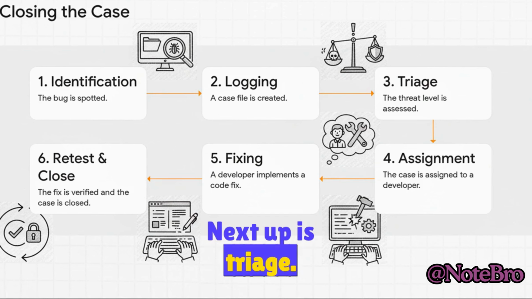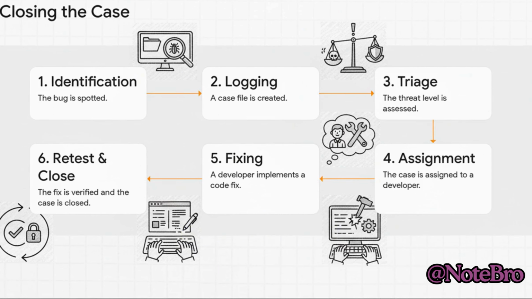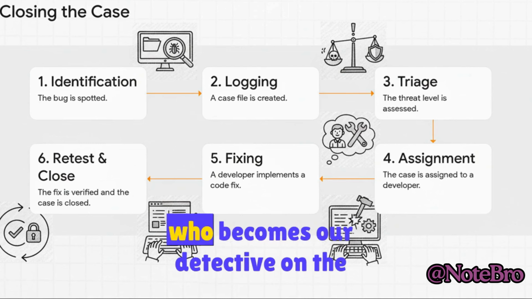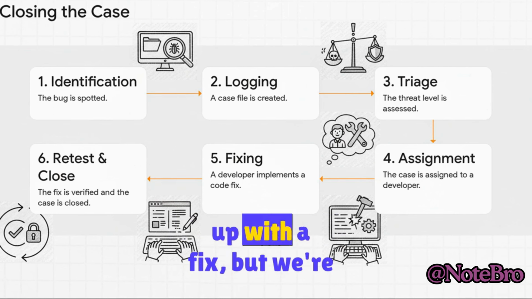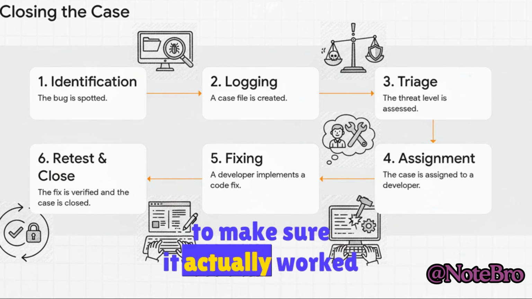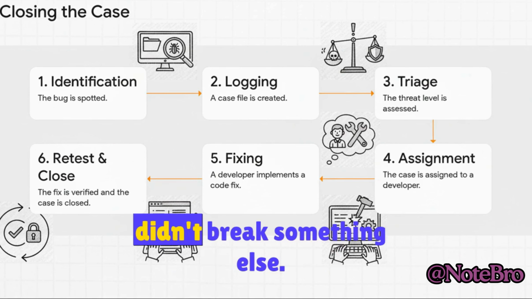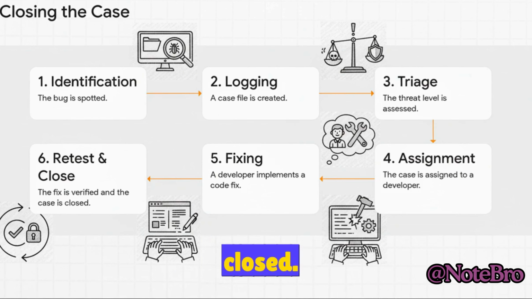Next up is triage. This is where the team figures out, okay, how bad is this thing? Then it's assigned to a developer who becomes our detective on the case. They work their magic and come up with a fix. But we're not done. That fix has to be retested to make sure it actually worked, and, just as important, that it didn't break something else. Only then, finally, is the case closed.